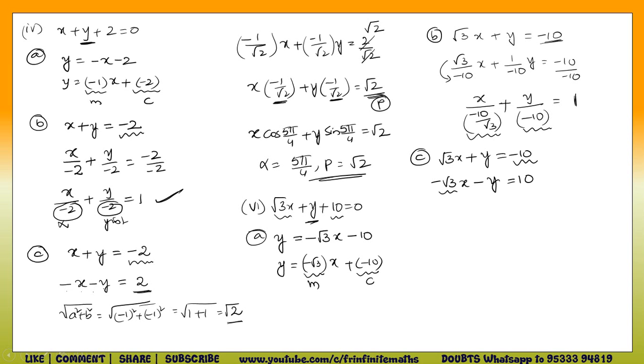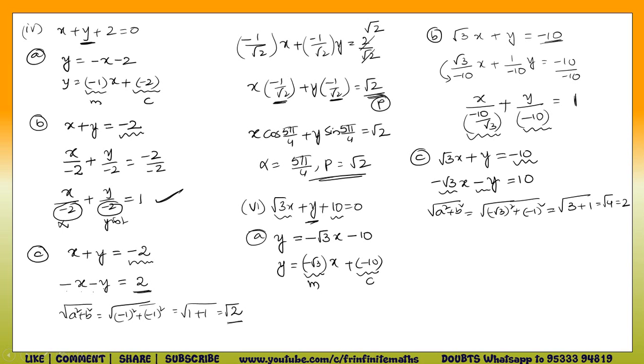Here a is minus root 3, b is minus 1. Now what is the value of a square plus b square? So square root of a square plus b square is nothing but square root of minus root 3 whole square plus minus 1 whole square. So minus root 3 whole square is 3 plus 1. So this gives me square root of 4, which is equal to 2, right?